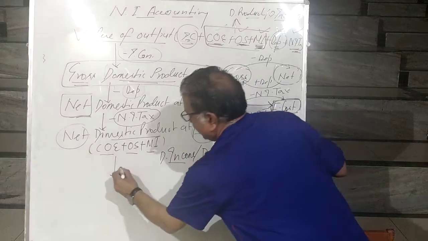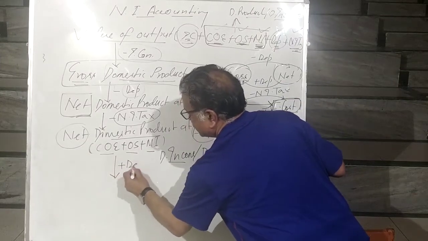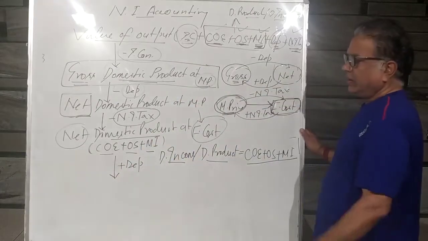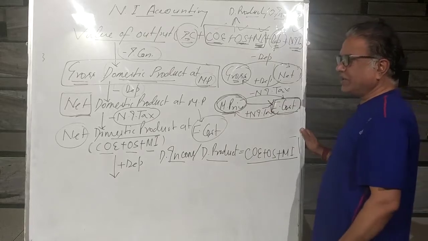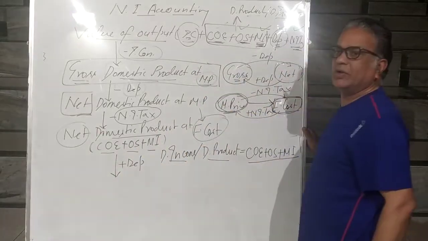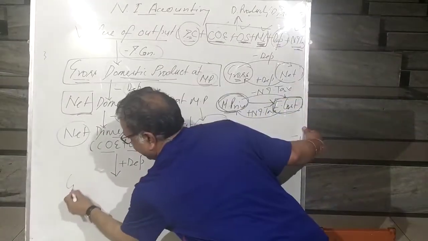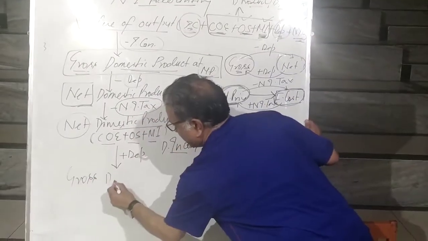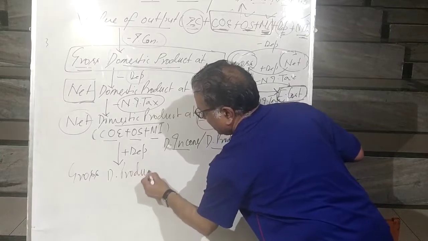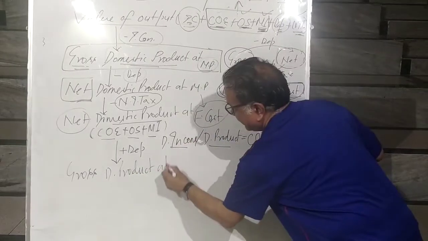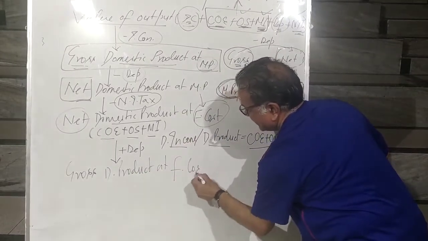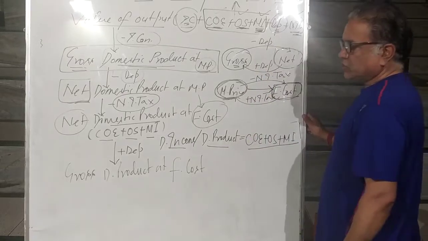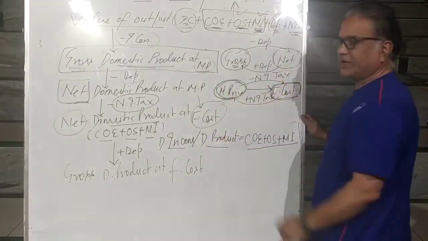Now further, if you add depreciation once again, this net will be converted into gross. Clear? This will be called gross domestic product at factor cost. So what is gross domestic product at factor cost?